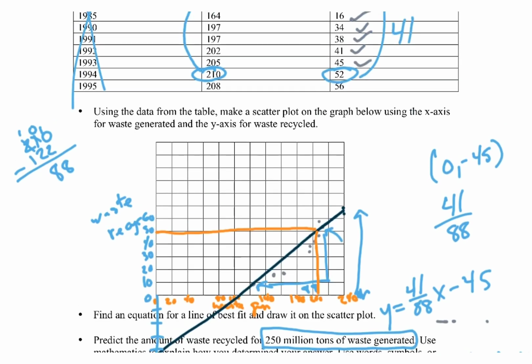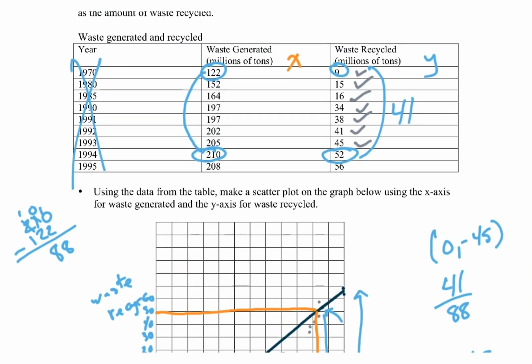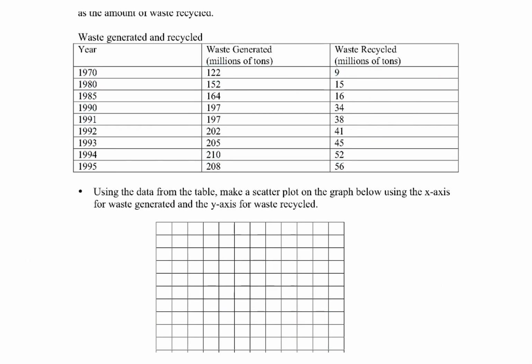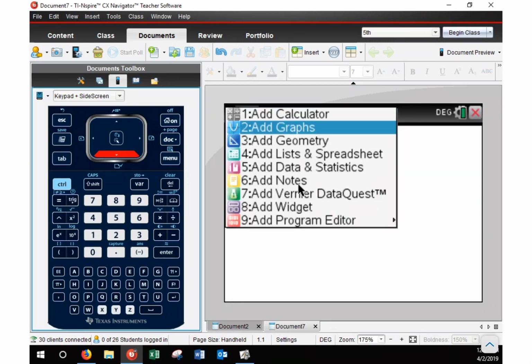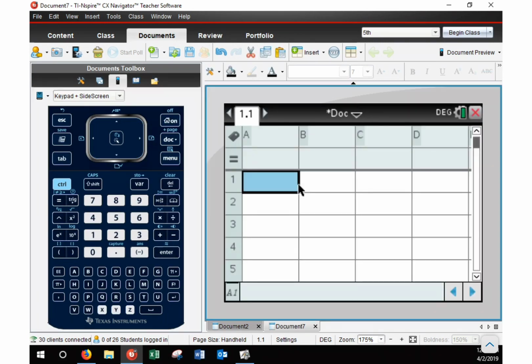Now, I want to take this one and actually use the calculator so we can see what it would look like on the calculator as well. Alright, so we wanted to do that last problem on the calculator, so I go new document, lists and spreadsheets.